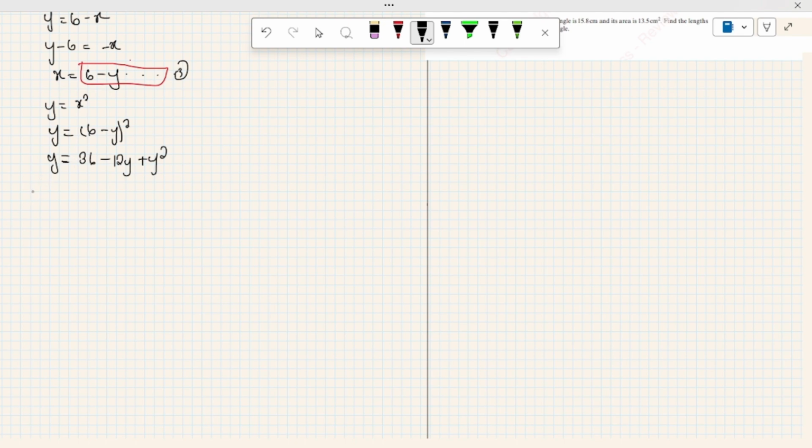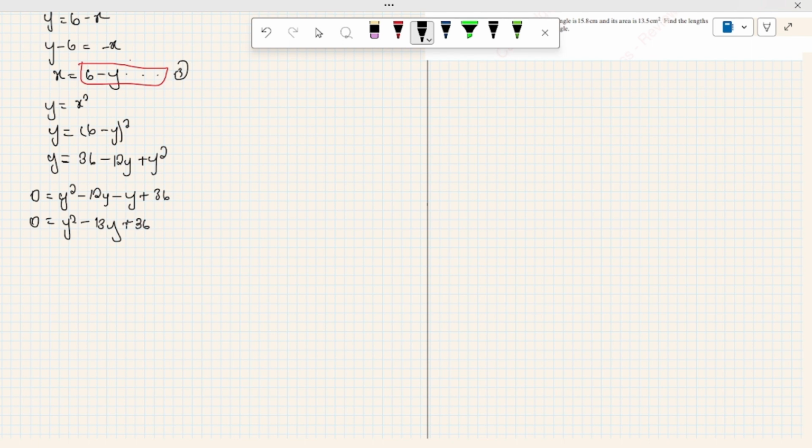So 0 is equal to y squared minus 12y minus y plus 36. 0 is equal to y squared minus 13y plus 36.